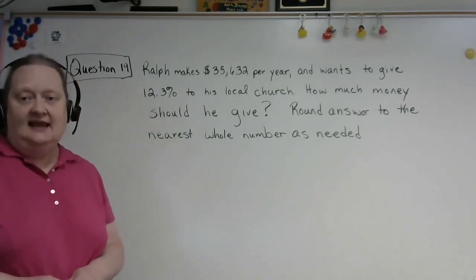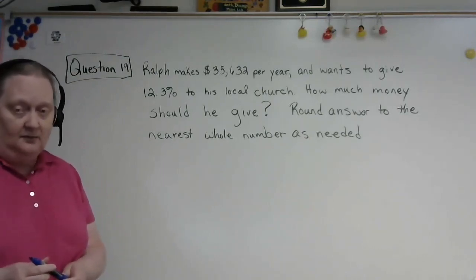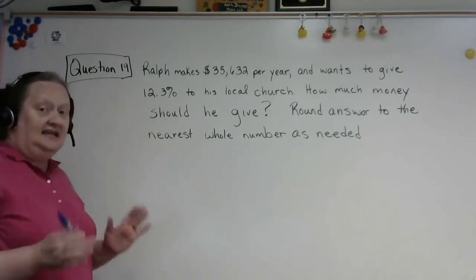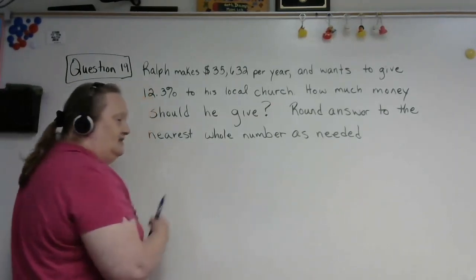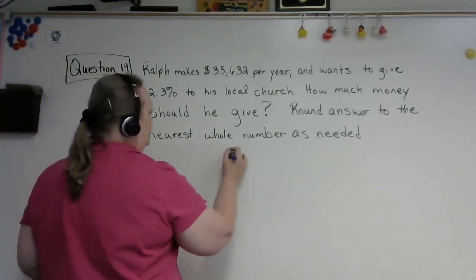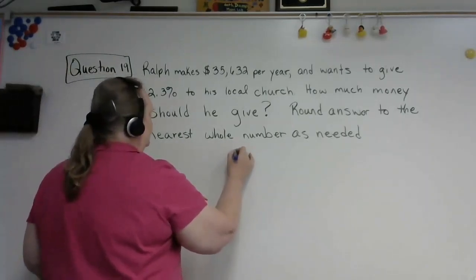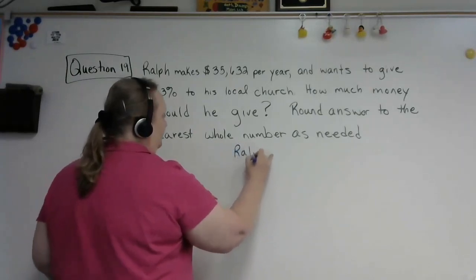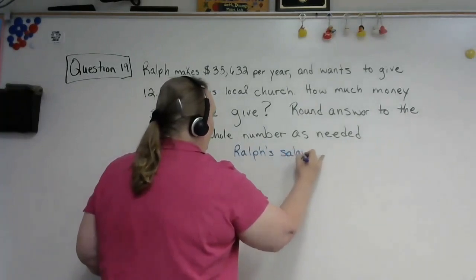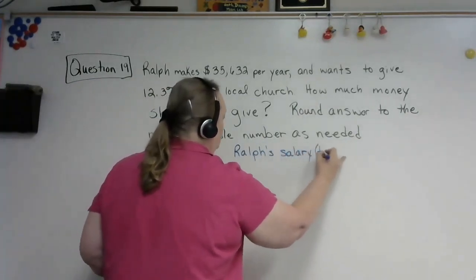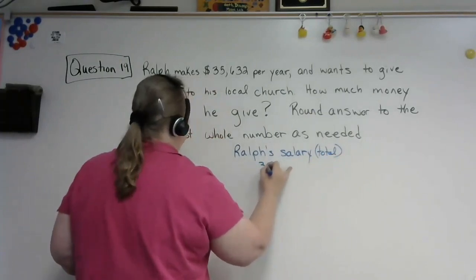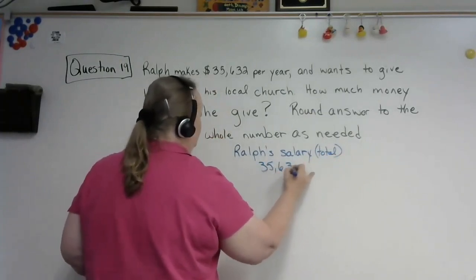In this case, that means that our answer is a whole number or that we may need to round our answer. So as we look at this, again, we'll set up the idea and then we'll show the two ways that we can solve this. The idea here is that he has a salary, and that would be his total, the $35,632.